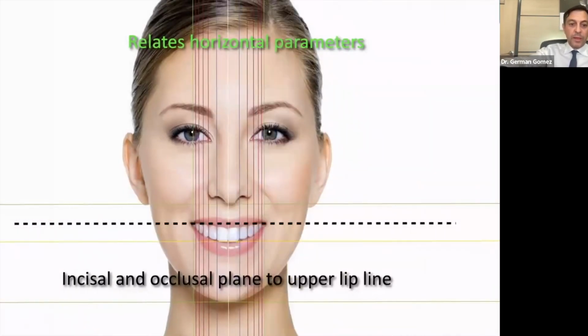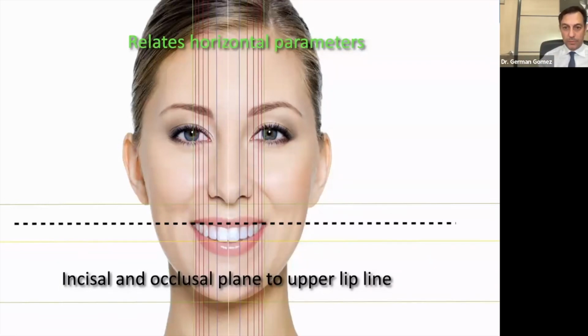Incisal and occlusal plane to upper lip line. Usually when the patient smiles, the upper lip line is the horizontal line. You might think it is the eyes, the bipupillar line. Look at everybody. Do they have both eyes on the same level?